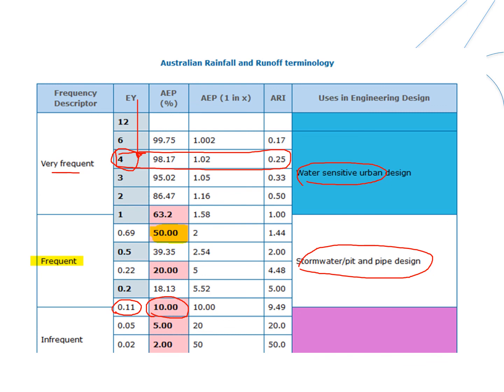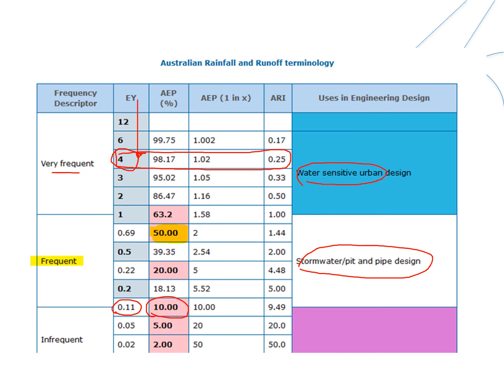The AEP you can also express as 1 in a certain number of years, so 1 in 50 years, 1 in 100 years. But when you use this 1 in so many years, there is a chance of confusion about its meaning, especially how it is interpreted.